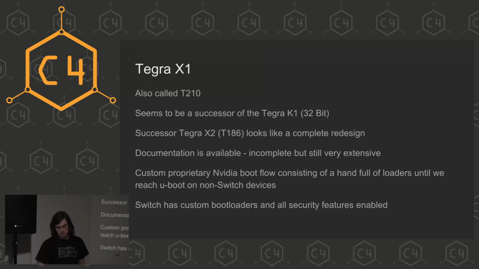Yeah, the Switch has custom bootloaders, and they have the security features of that chip enabled. That means that you cannot just load your own code on that platform and execute your own operating system like Linux or whatever. Because first of all, I think the hardware is subsidized, so they want to sell games and make money by selling the games.